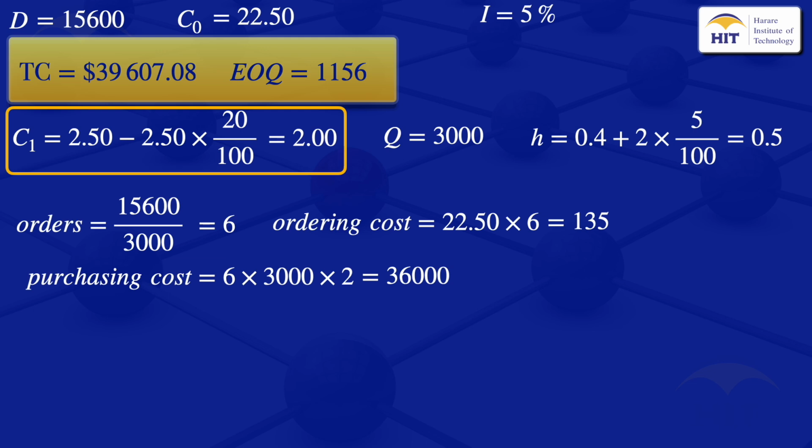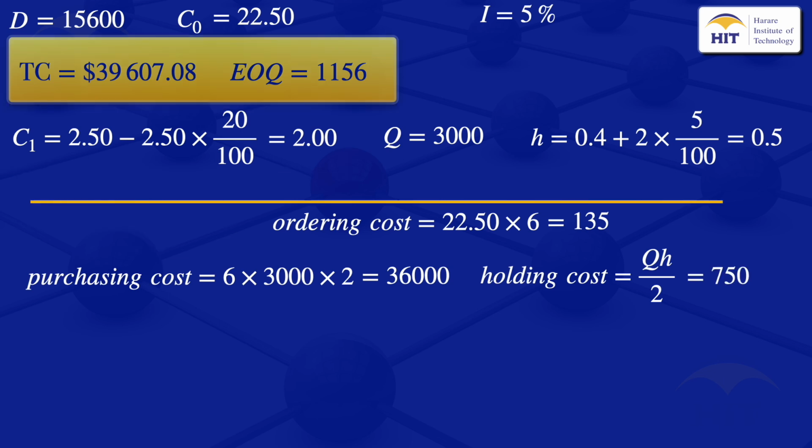Our holding cost is given by Q multiplied by H over 2. That's the holding cost there. Our Q is 3,000. Our H, we are saying, is 0.5. So we would have that our holding cost is 750. So we now have all these costs.